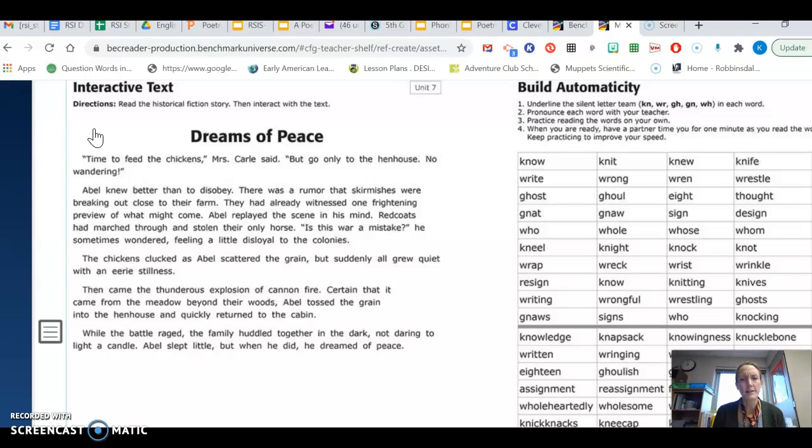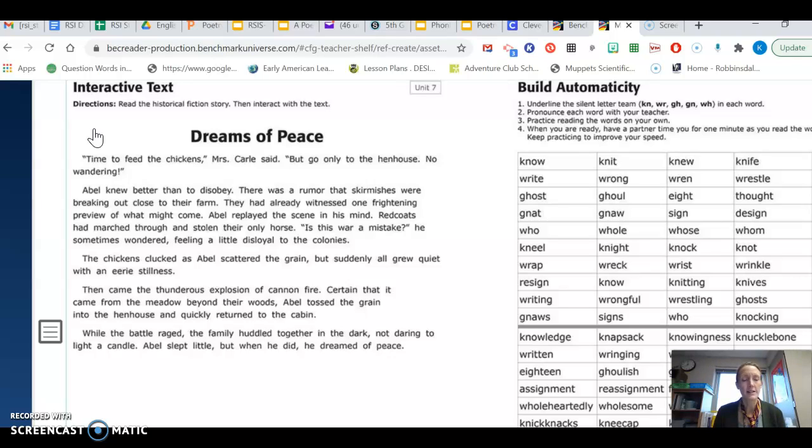They had already witnessed one frightening preview of what might come. Abel replayed the scene in his mind. Redcoats had marched through and stolen their only horse. Is this war a mistake? He sometimes wondered, feeling a little disloyal to the colonies.